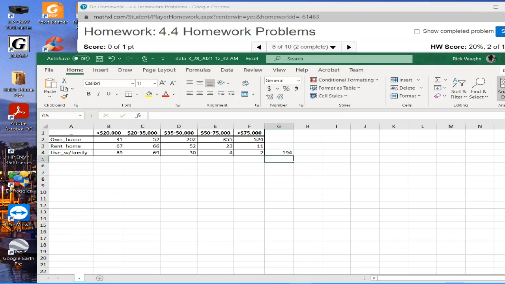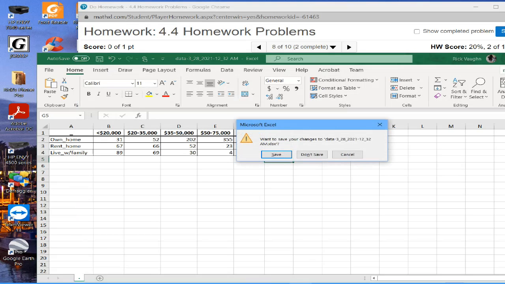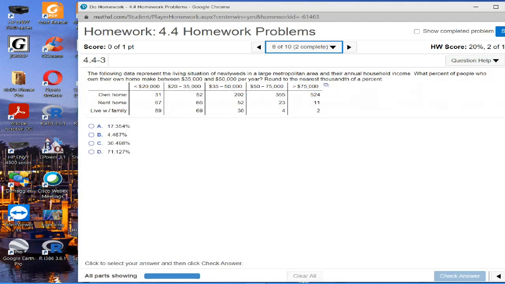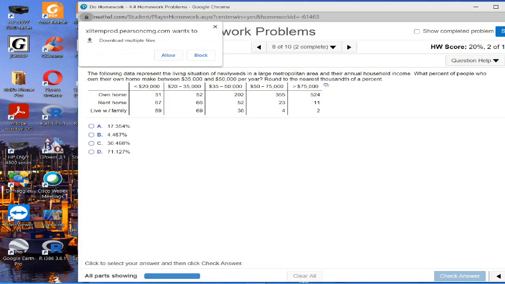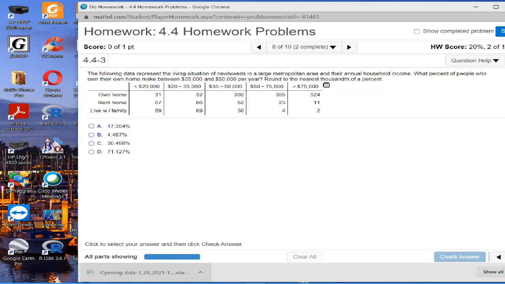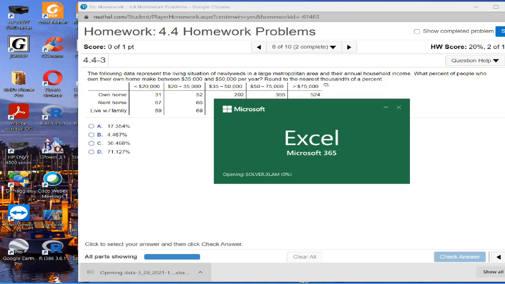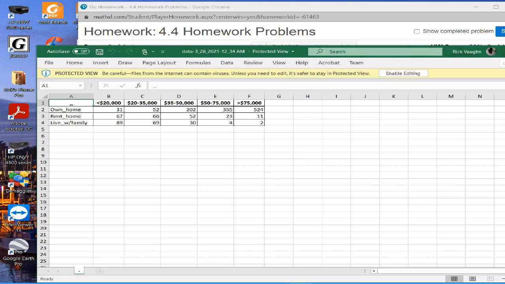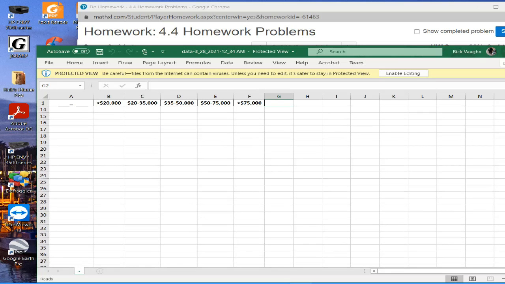So again, what you could do to make this easier on yourself is load it into Excel. And then use Excel to get the totals. So I'll equal sum.